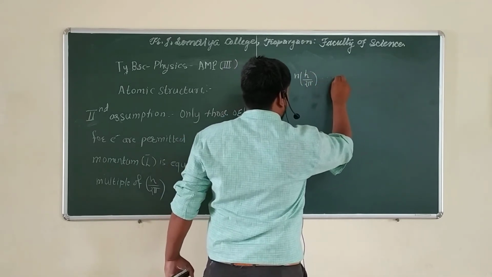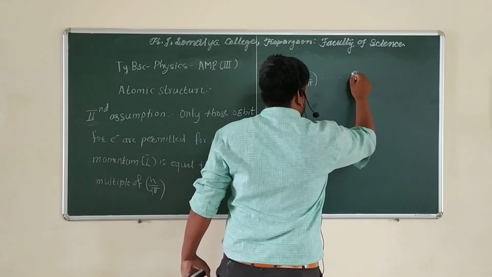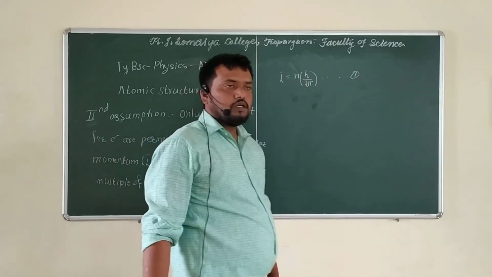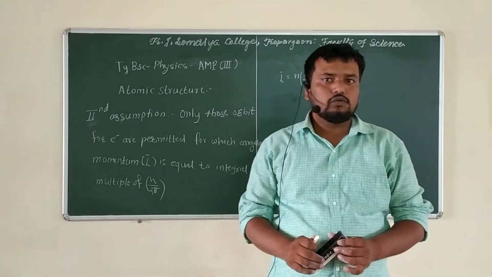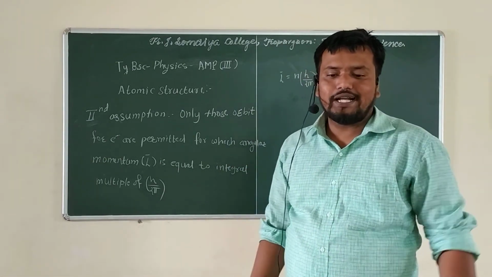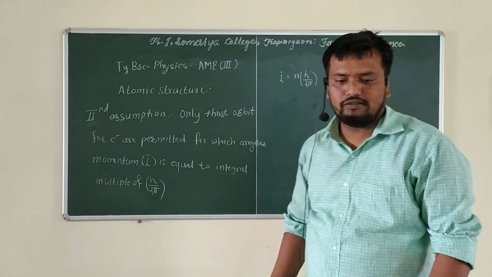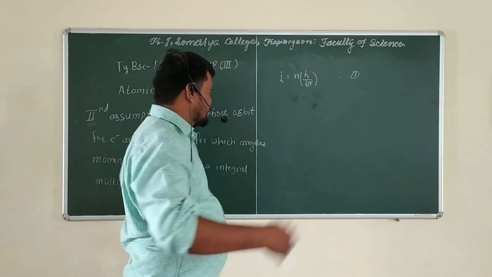This is equation number one, and we have to know that L bar is equal to mvr, the angular momentum of the electron, where v is the linear velocity.